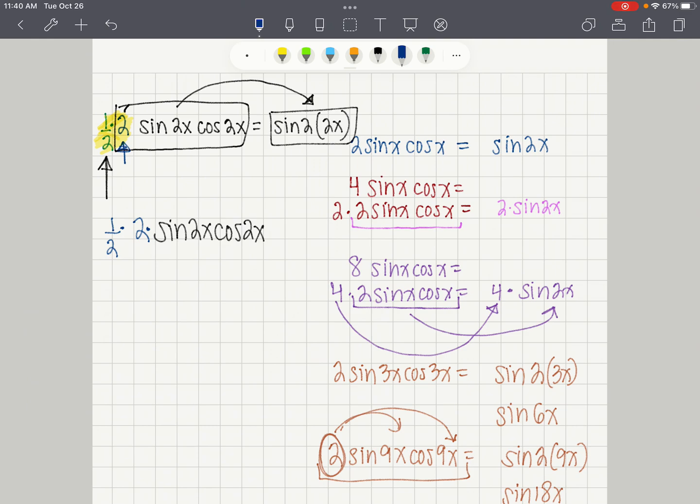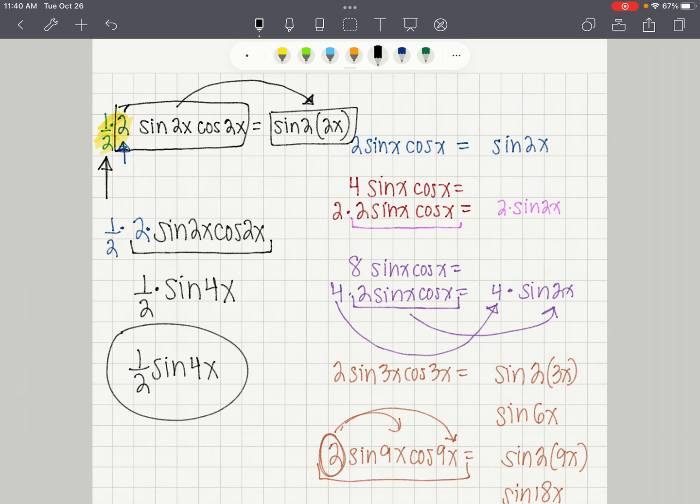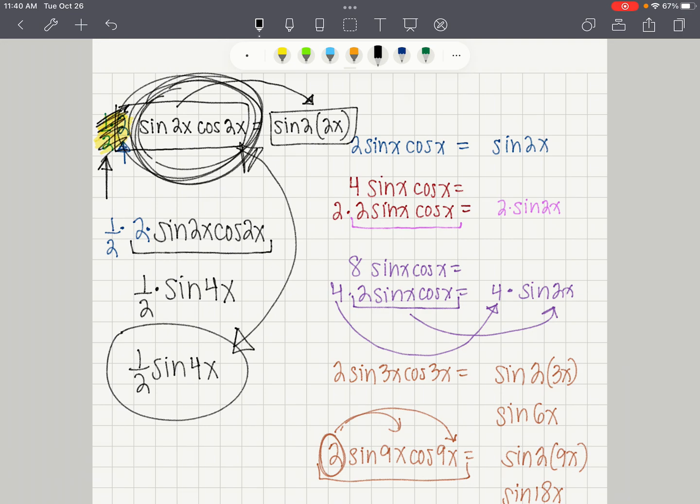So I haven't done anything. Now what I can do is rewrite this as the sine of 4x, but I have a 1/2 out here. And that's how we get 1/2 times the sine of 4x from our original expression right there. Those two things are equivalent.